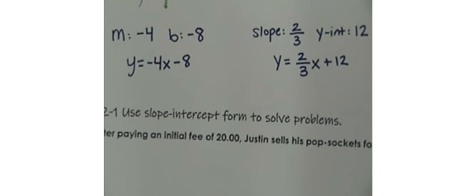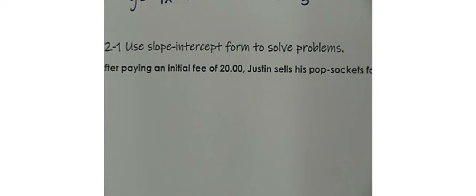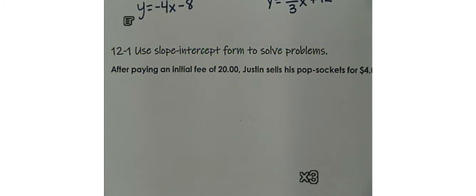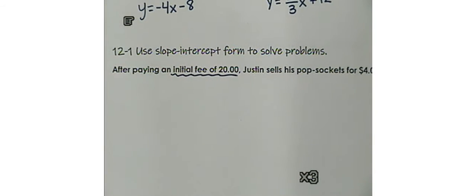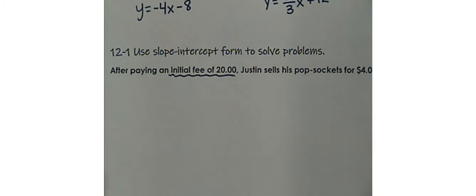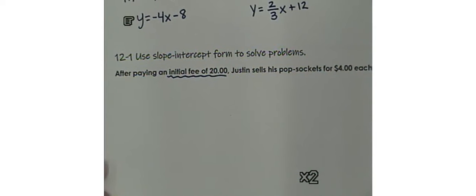Use slope-intercept form to solve problems. After paying an initial fee of $20, so this is a one-time payment, Justin sells his pop sockets for $4 each.